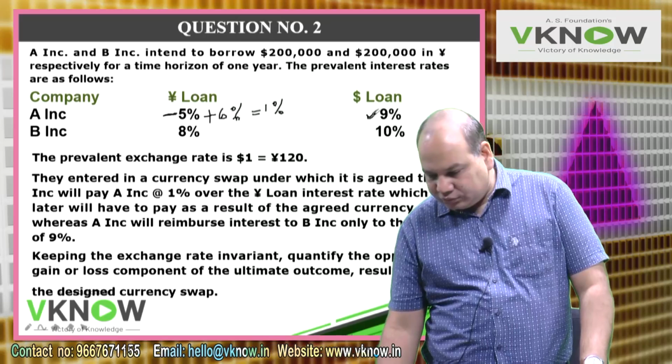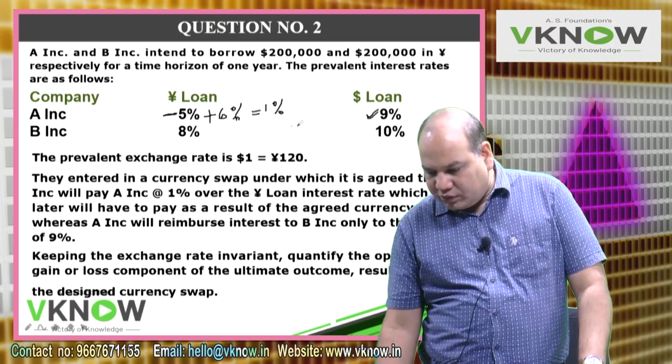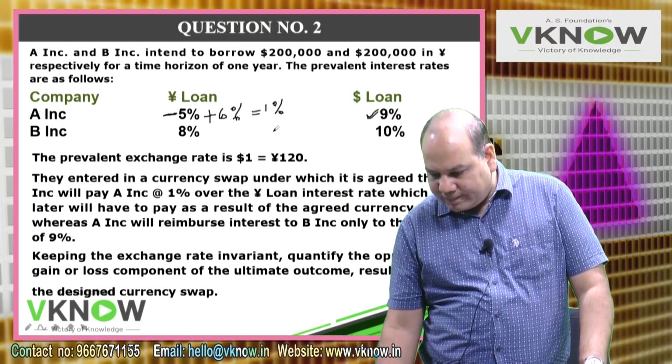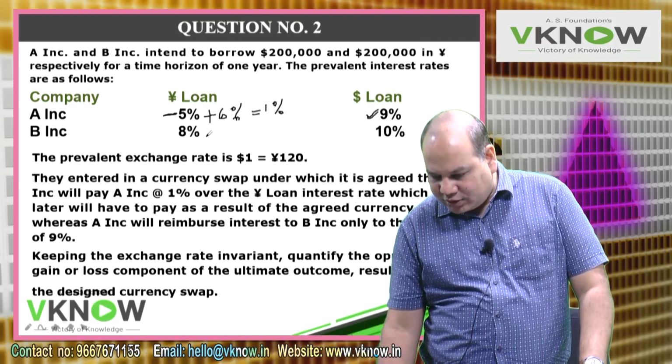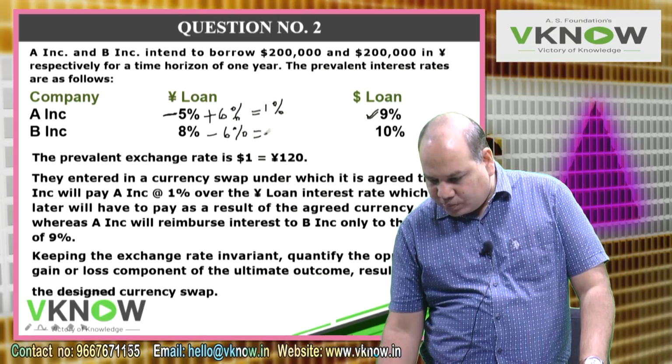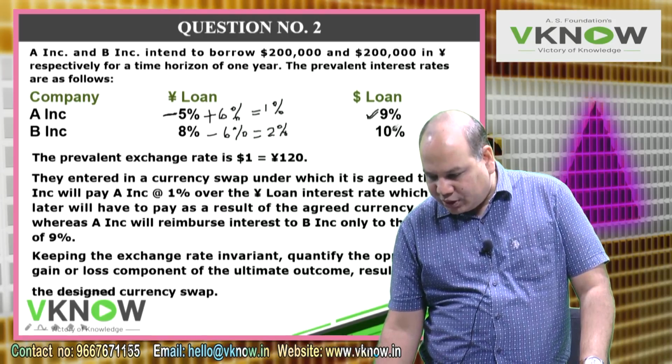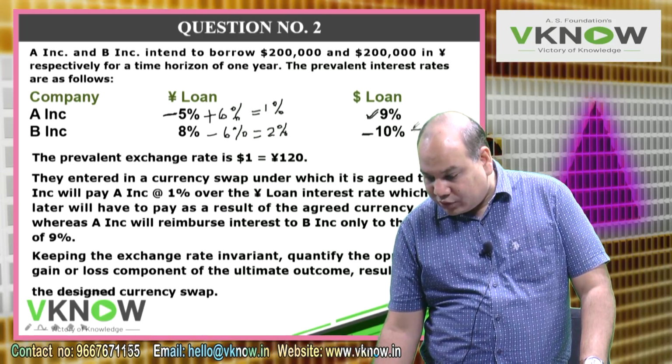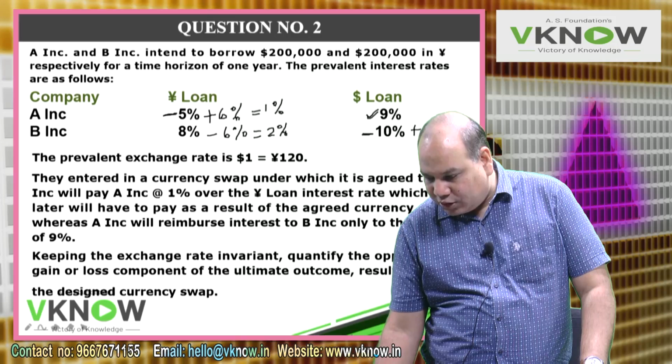What about B? B will pay to A 6% on yen loan. So B will get 2% benefit here. But B will receive 9% from A on dollar loan.